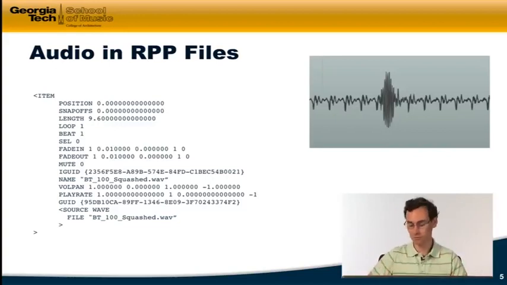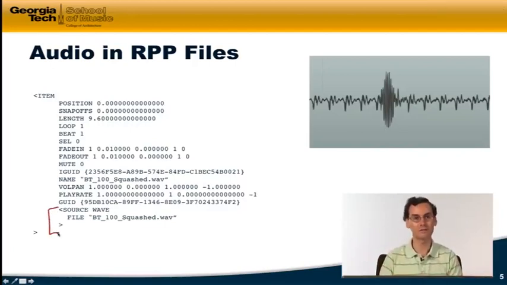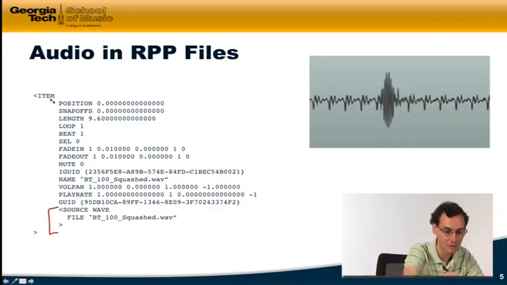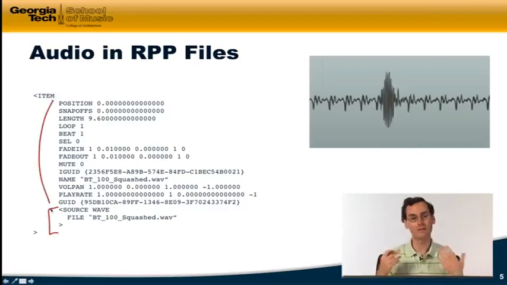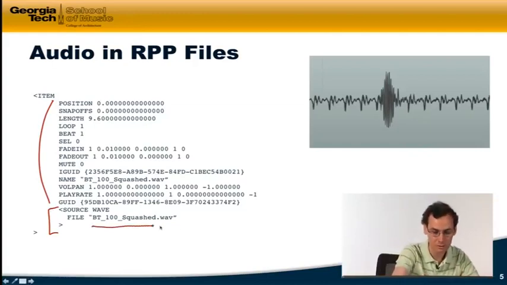Rather, when we had an audio track, we were getting a reference to a source file, a wave file that exists someplace else on the disk, and then some other information about where that's placed and how it exists on a particular track inside of the DAW. But the actual audio information is all stored inside of that WAV file.